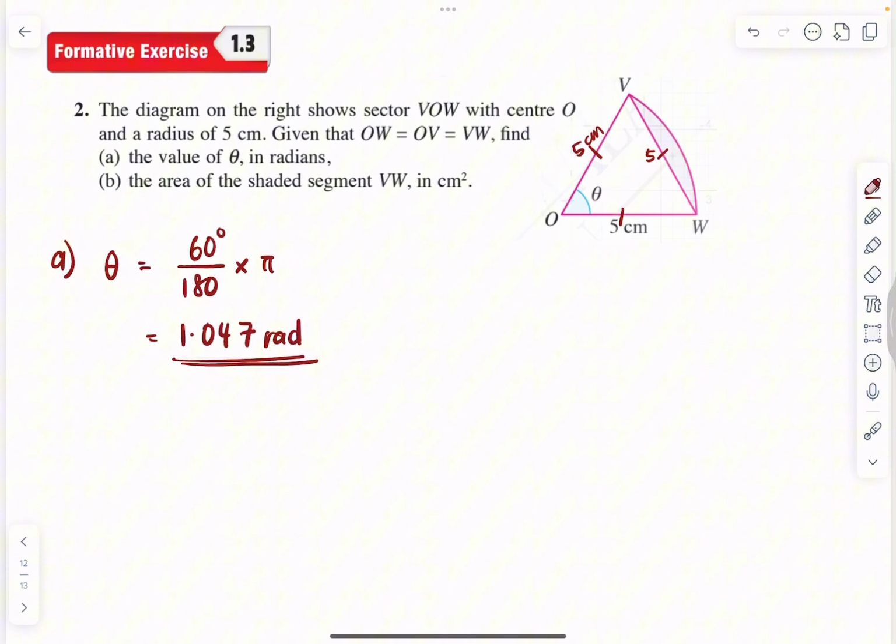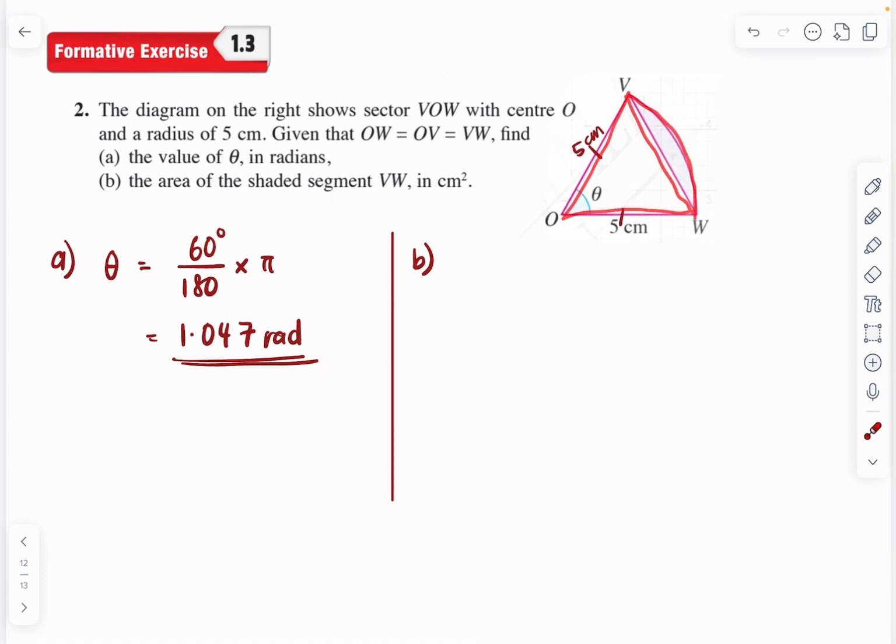Right. Area of shaded segment VW. So this shaded region is a segment here. What we have to do is subtract the triangle from the sector. You find the area of the whole sector, then minus this triangle off, and we will get the shaded region.